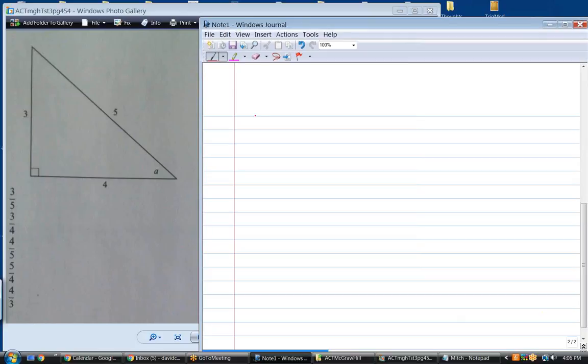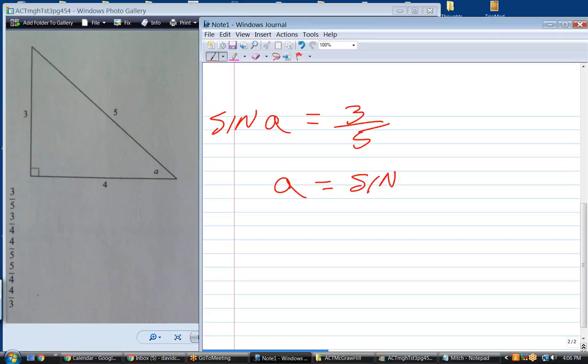Because sine of A equals 3/5, and then therefore, by definition, what is A equal to? The inverse sine of 3/5. Correct. Okay. They might actually ask something that difficult.